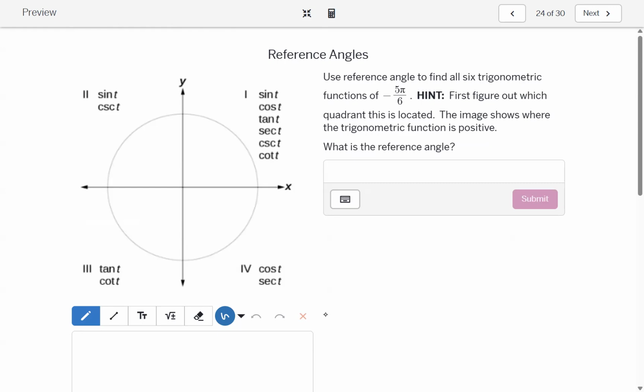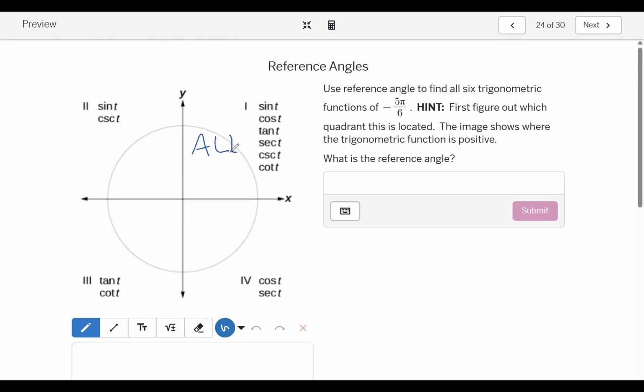So in quadrant 1, everybody is positive, so I generally call this one all. Then in quadrant 2, sine and its reciprocal are positive. In quadrant 3, tangent and its reciprocal are positive. And in quadrant 4, cosine and its reciprocal are positive.